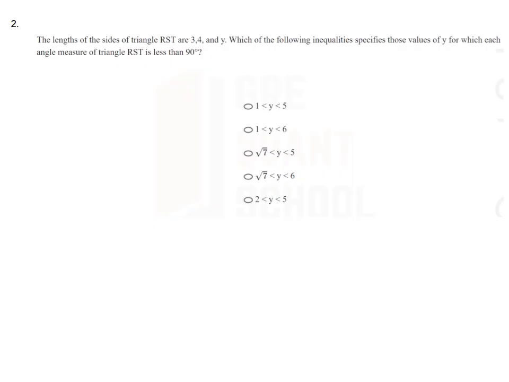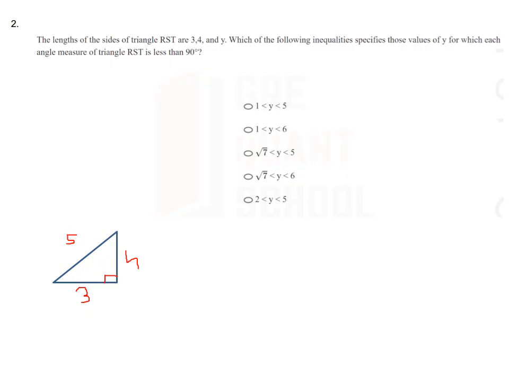So let us take a triangle which has one angle of 90 degrees. So here is our triangle, and let us put some measurements. Suppose height is 4 and base is 3. So what is the hypotenuse?